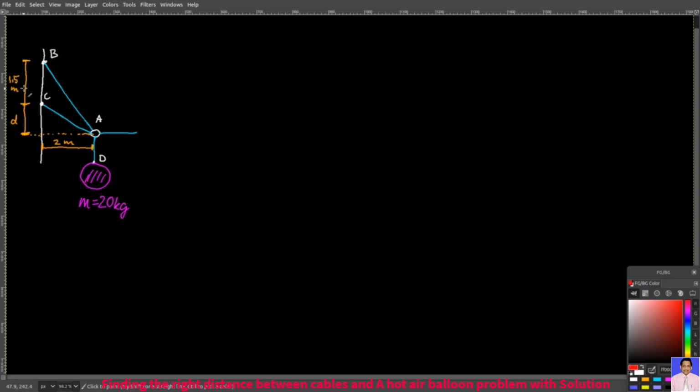And here you can see the vertical distance between B and C, and the vertical distance between C and A, which is D, which is unknown. In order to hold this structure in equilibrium, this wire is pulled at 100 newtons.